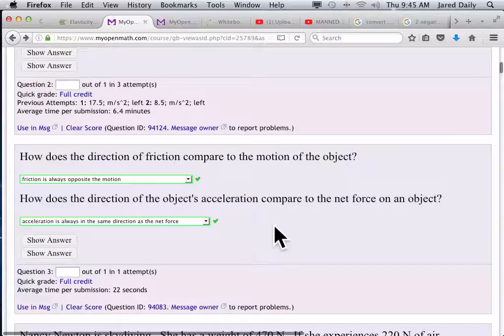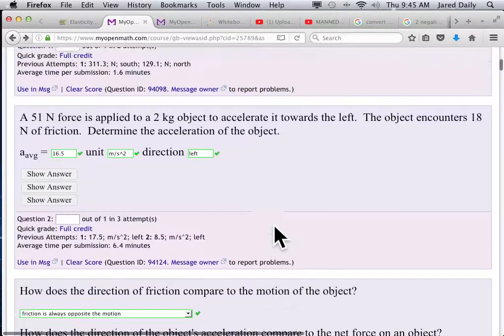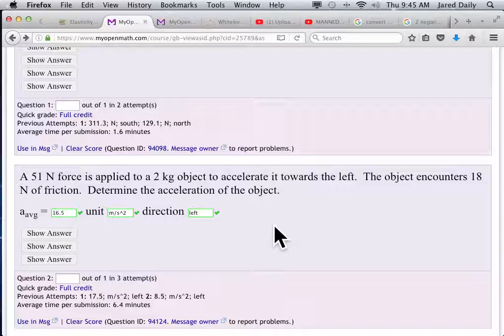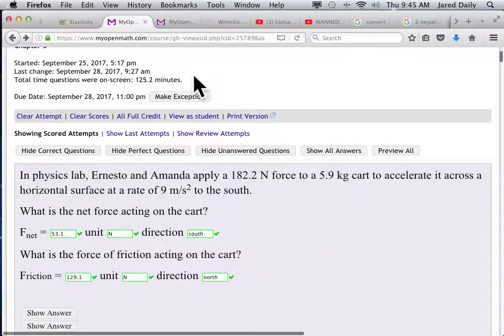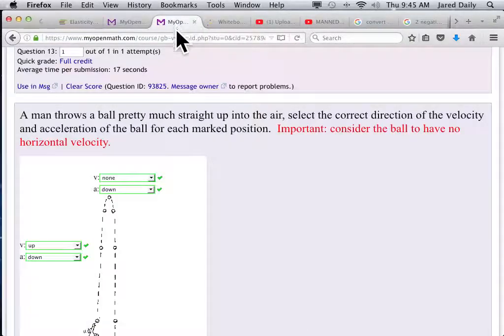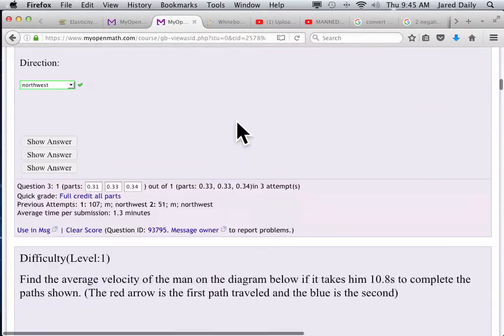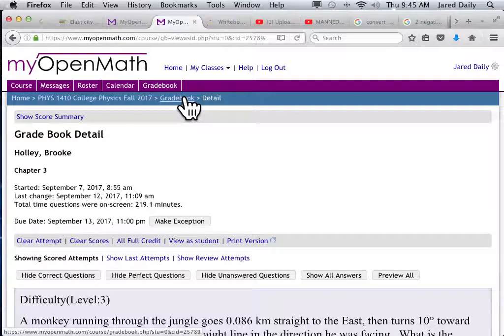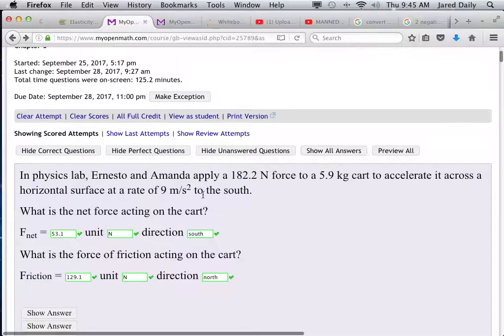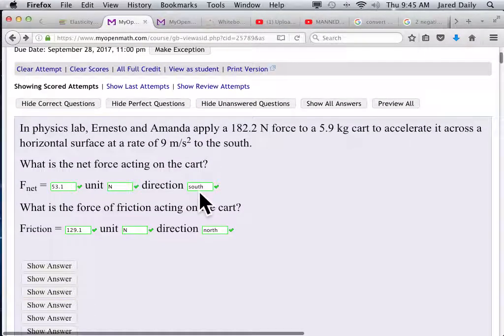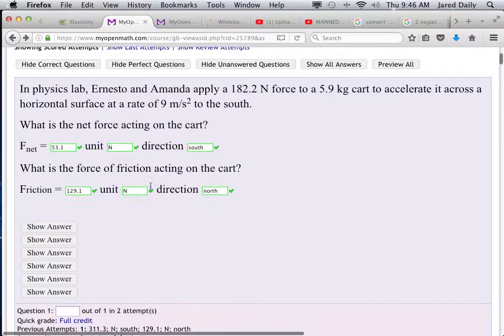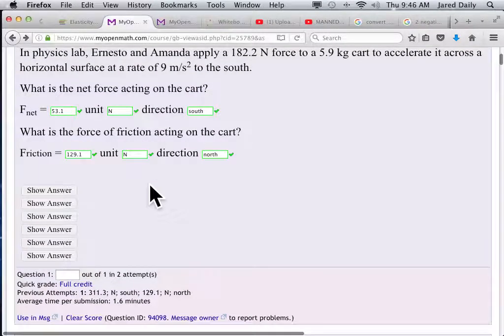I think on this homework assignment, it's not taking off points for multiple attempts from anybody. So I need to go in and fix something with it. I apologize for that mess up, but I don't know what's causing it, so we'll just have to move on and see if it happens again.